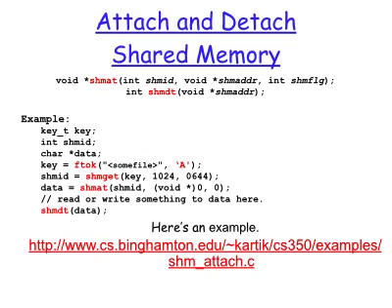This slide shows how to attach to a shared memory using SHM-AT and how to detach from it using SHM-DT. These are somewhat self-explanatory system calls. Attaching is done through a combination of SHM-get and SHM-AT system calls.